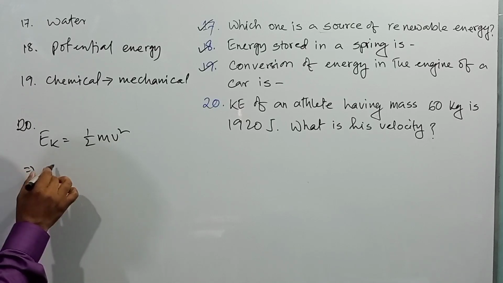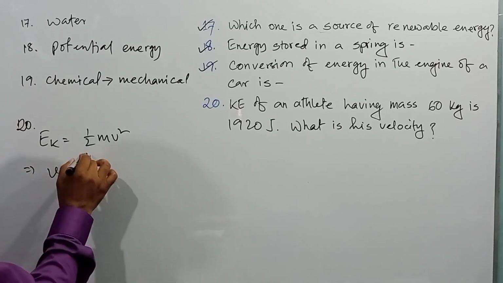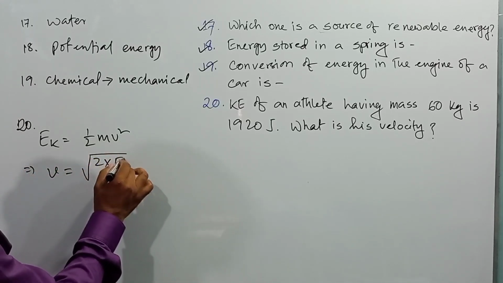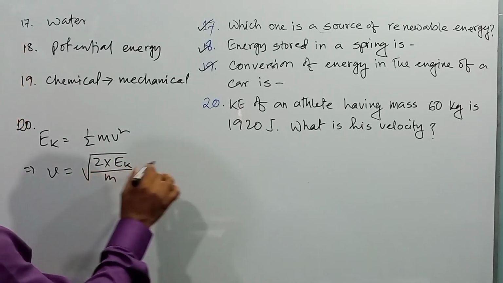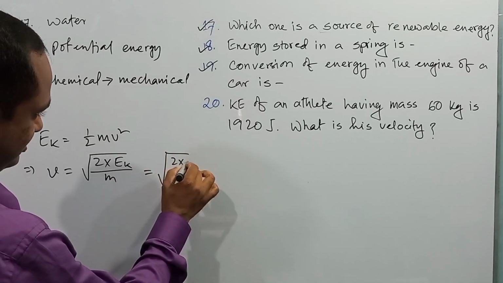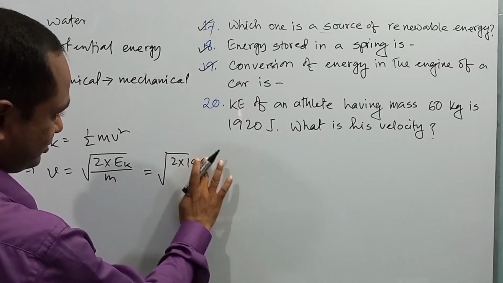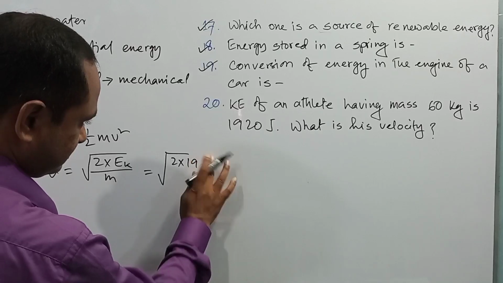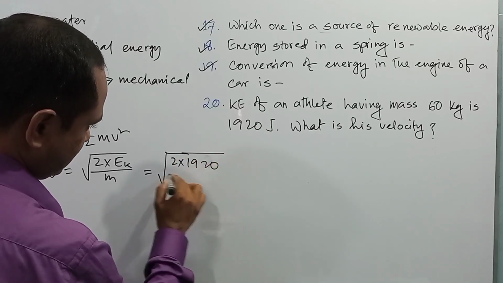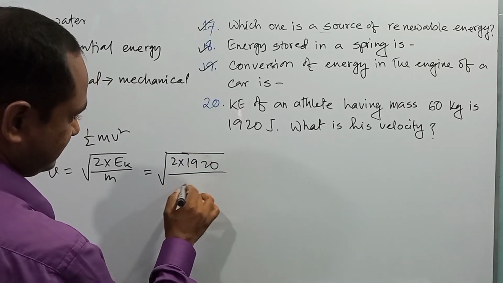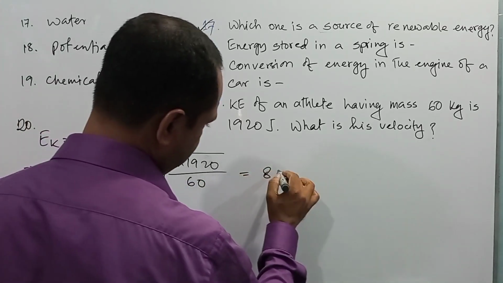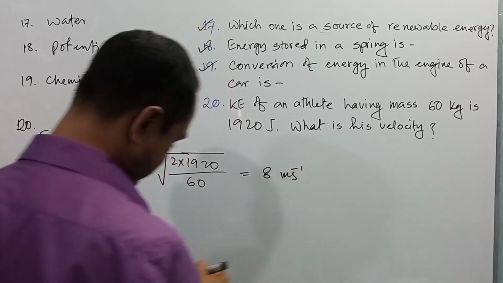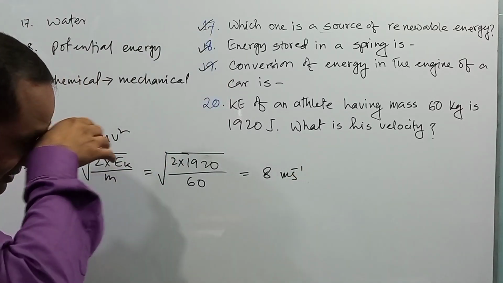So from the expression we can write that v is equal to square root of 2 into Ek divided by m. Using the given values, 2 into 1920 divided by mass 60 kg. After the calculation you will get 8, and the unit will be meter per second.